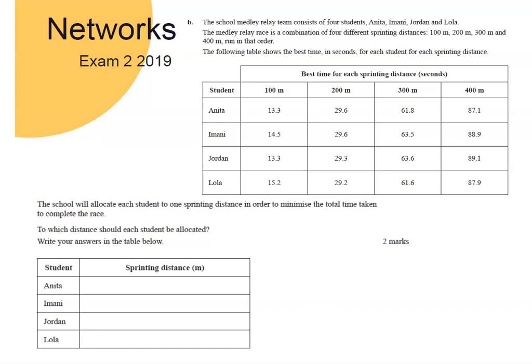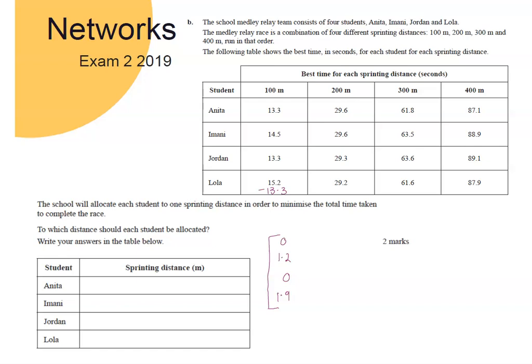So if I look at this whole first column, I can see my lowest time is 13.3. So I'm going to subtract 13.3 from everything in my first column, okay? And so when I do that, if I just do it off to the side here, I get 0, I get 1.2, I get 0 again, and 1.9 as my first column there.